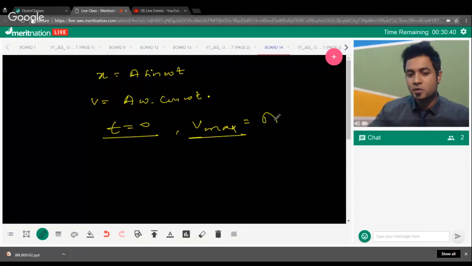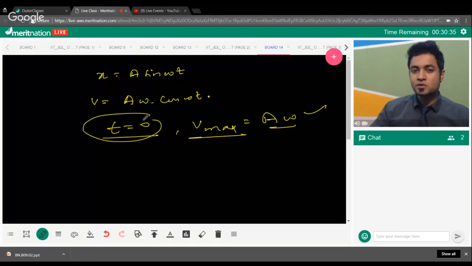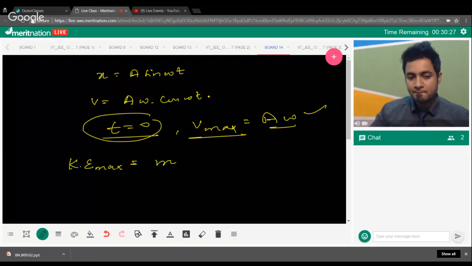And that is equal to a omega. So at time equals to 0, the velocity will be maximum. So kinetic energy is maximum at the mean position. And potential energy is maximum at the extreme position.